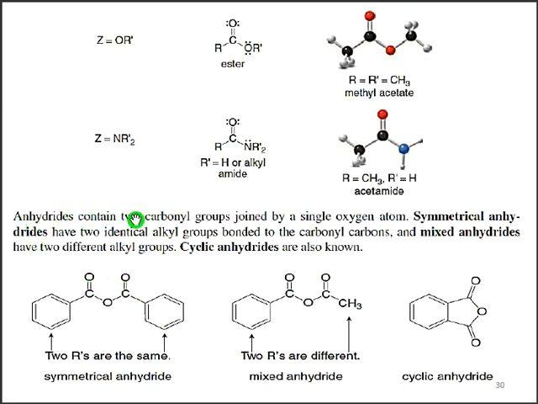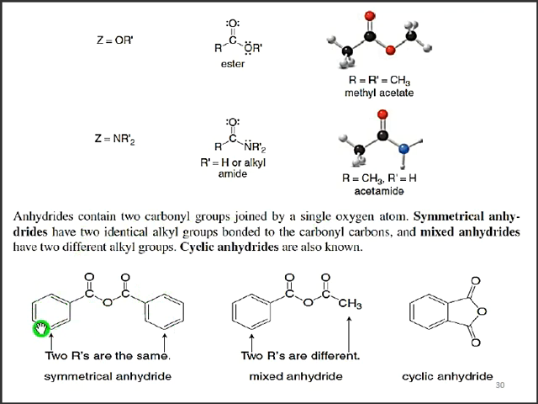Anhydrides contain two carbonyl groups joined by a single oxygen atom. Look, here we have two carbonyl groups joined by a single oxygen atom. And we have two types of anhydride. We have symmetrical anhydride, meaning this group here is exactly like the group on the other side.